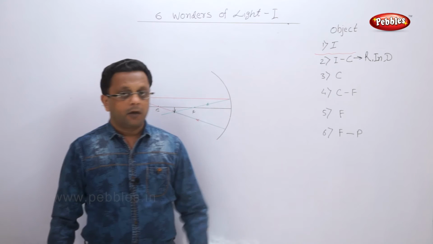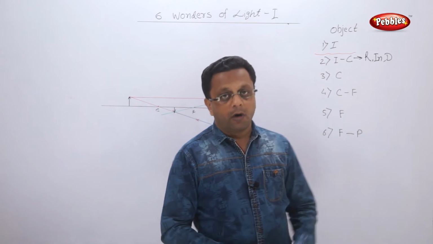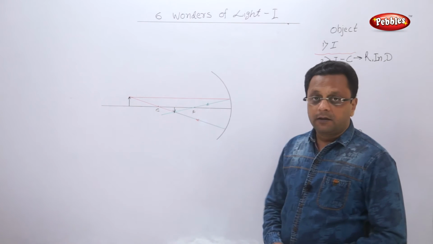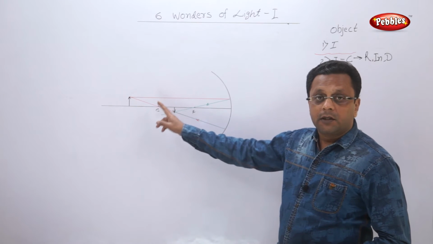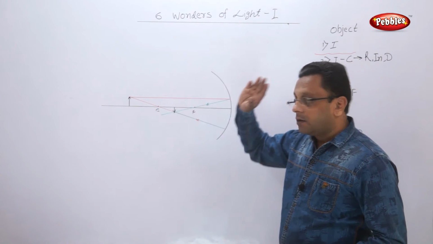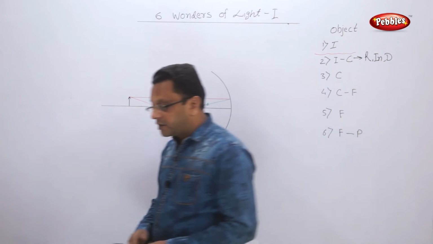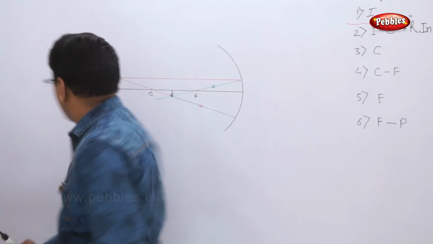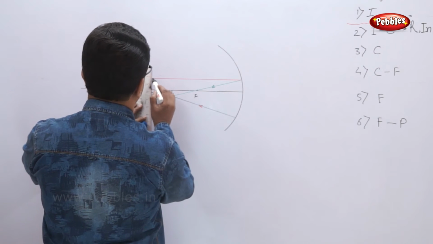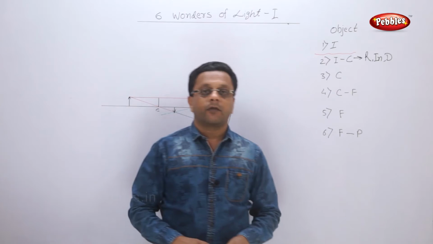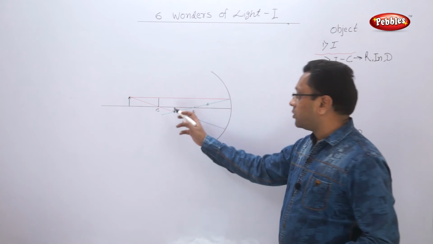In this case, you have to draw all the figures. Now let us take the object on C. I am drawing on the same figure so that we will understand this. My object now is on C.